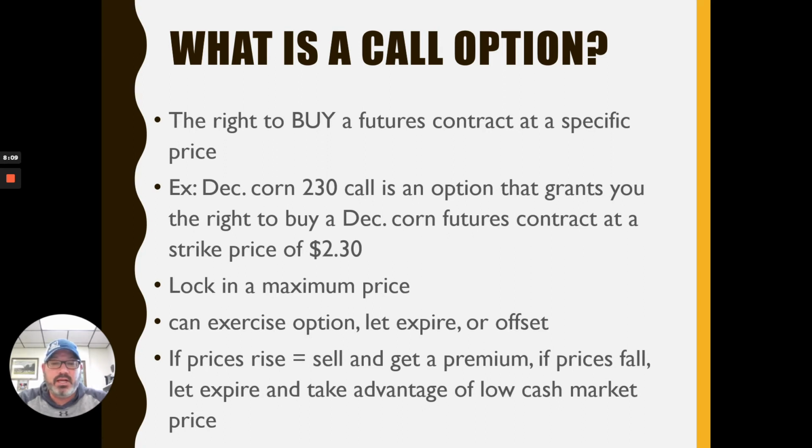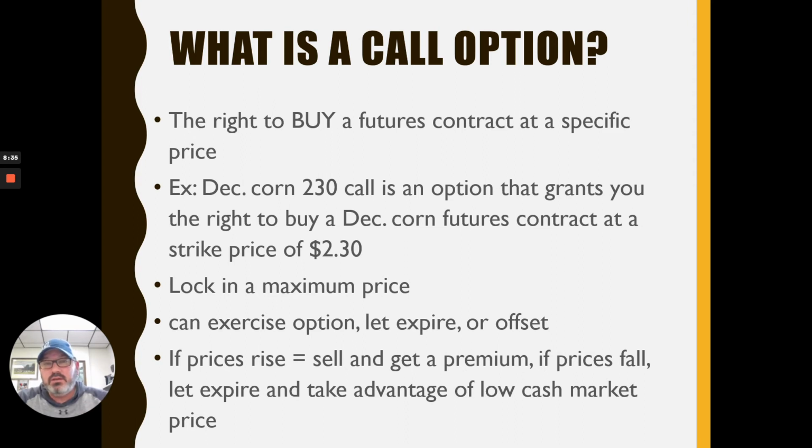If prices rise, they're going to sell that and probably take the premium. If prices fall, they're going to let it expire or trade it for a futures position and take advantage of a lower cash market. Either way, the call option is designed to help put a cap on the amount they would pay for that commodity per bushel. So that's how these things work.